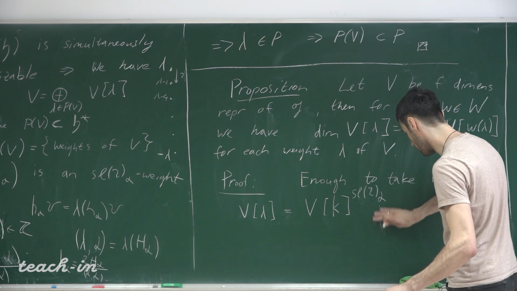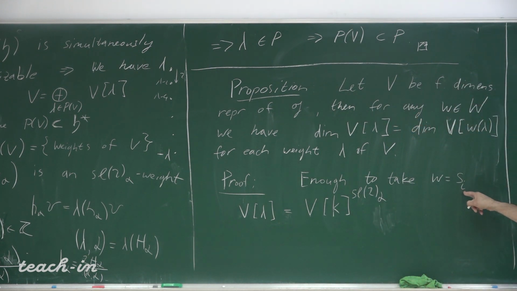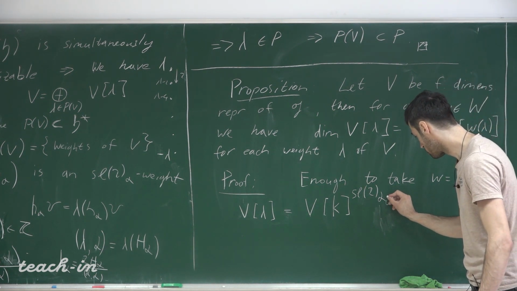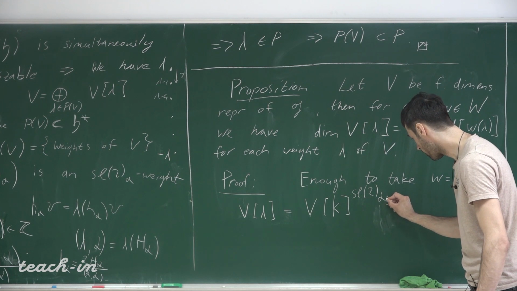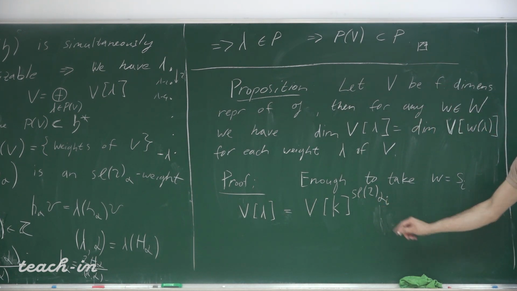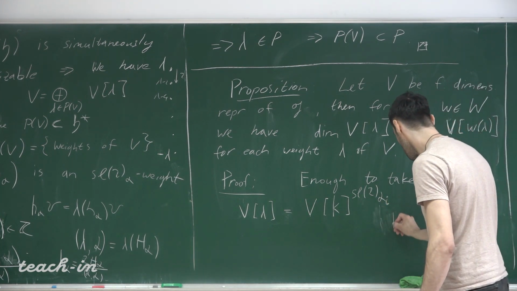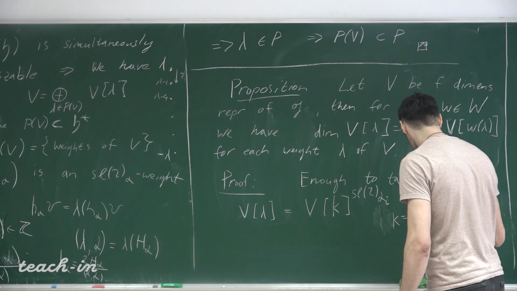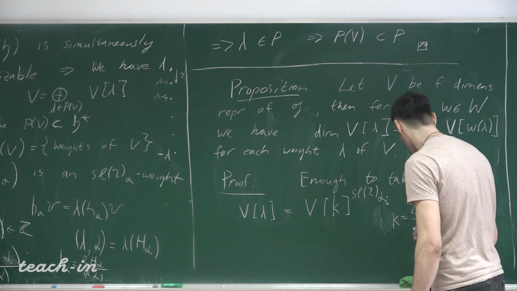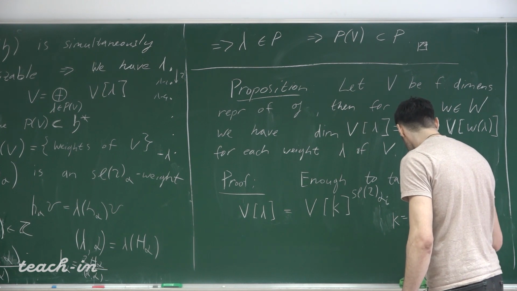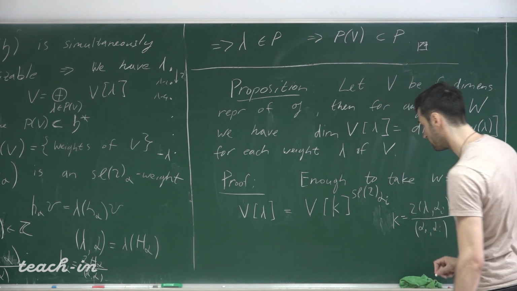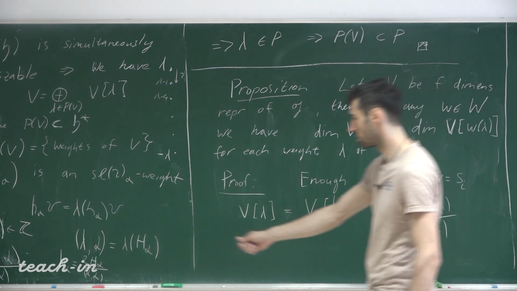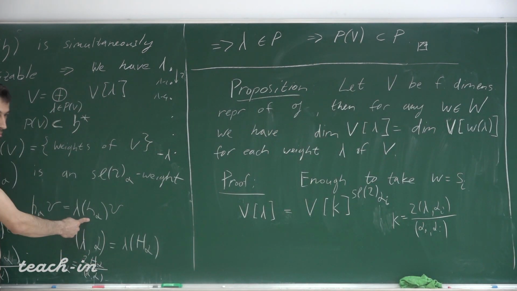Since I restricted myself to simple reflection, I need to choose corresponding root here. So this is alpha I, corresponding simple root. Then this k is 2 lambda alpha I over alpha I. Right, so we actually computed it here, so this is this number.